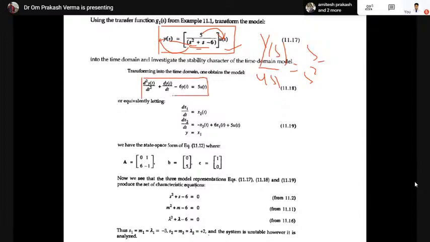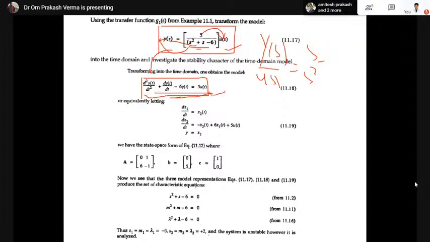Based on that, you can find the differential equation against this Laplace transfer function. The s square represents the second derivative, and s represents the first derivative. Based on this, we have developed d2y by dt square plus dy by dt minus 6y equals 5u(t).